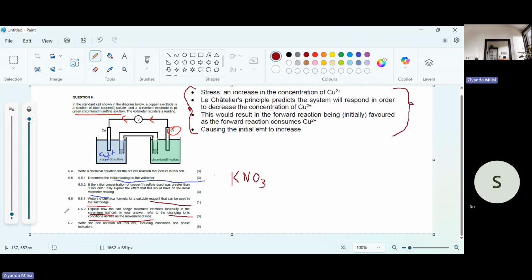Let's start with 6.7 and we will come back to the 3 marks. Let's start here with the 6 marks. In the cell notation, we start with the anode. So you say Cr solid, because it will show the phases and conditions. Then slash Cr3+, it's an aqueous solution.